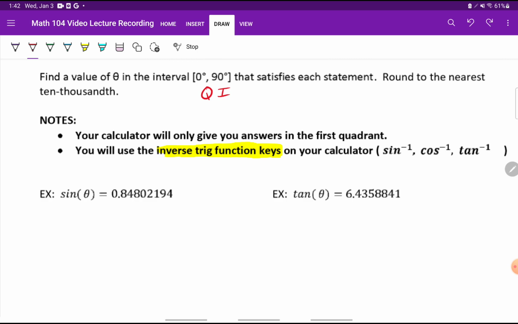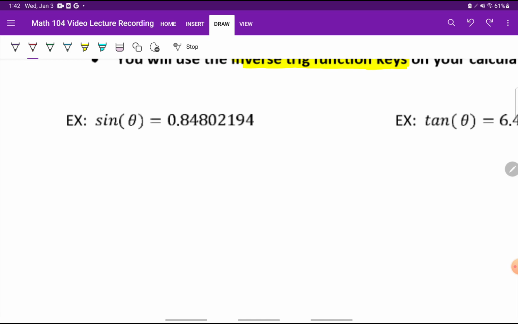And those are the buttons that we're going to want to choose here. If sine of theta equals that decimal, then theta is going to be equal to sine inverse of this decimal. Sorry, it's just too long to say over and over again.